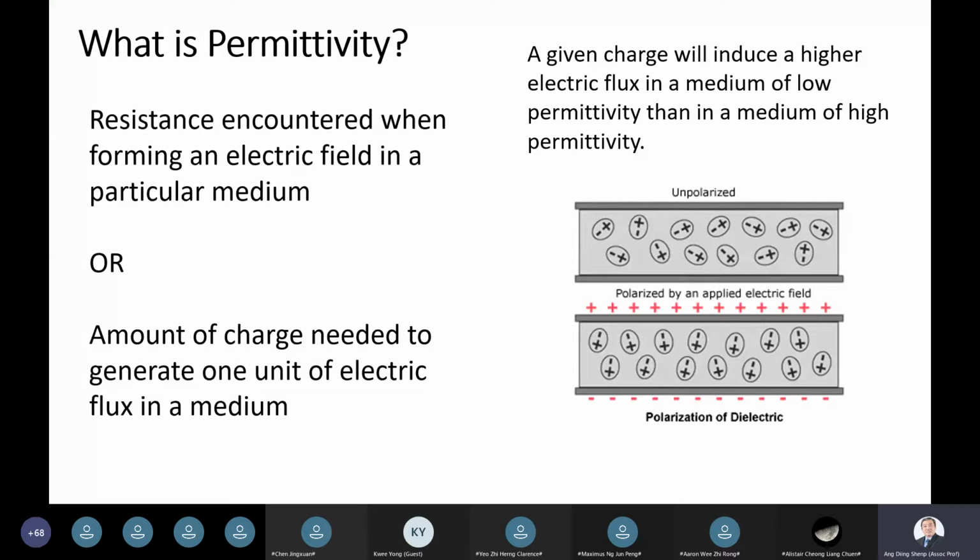A material need not have dipole molecules to begin with in order to be polarized. It can be instantaneously polarized in the presence of an electric field due to the relative movement of the electron cloud and the nucleus.